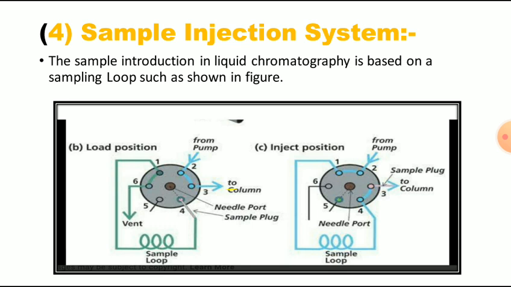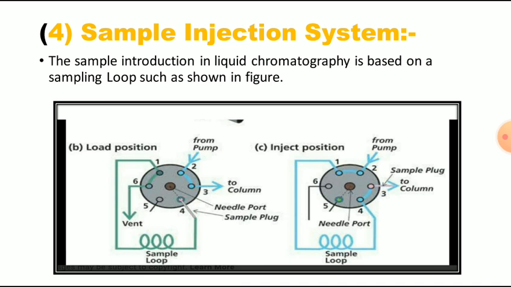At that time what will happen? Here, see number 4, the sample here we can inject, or you can say going into this type of loop. This is the loop. In this loop from number 4, the sample will go into the loop.